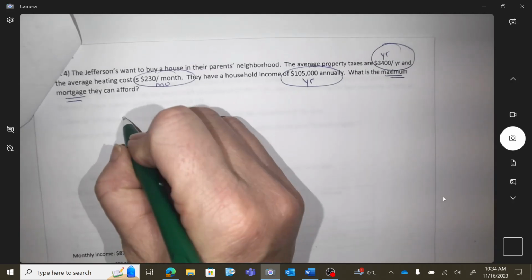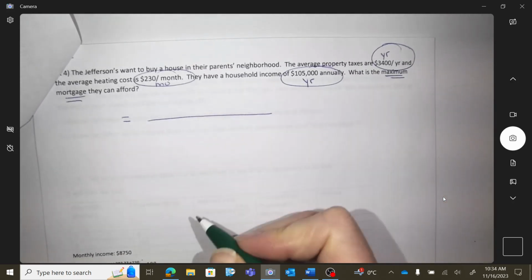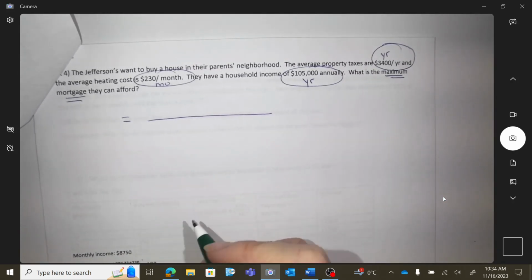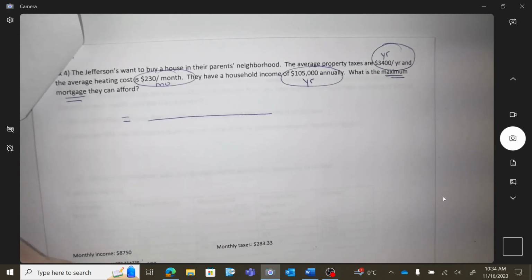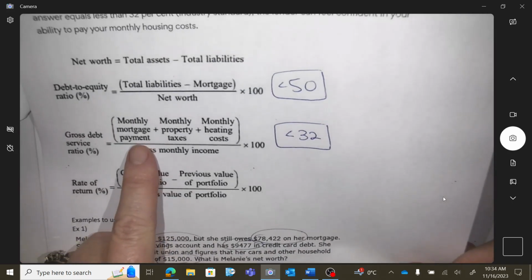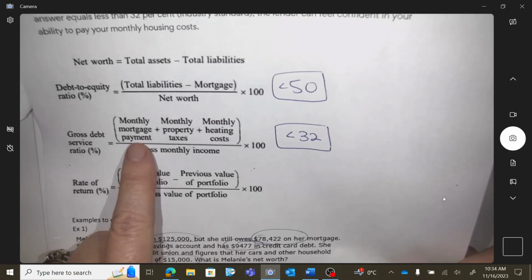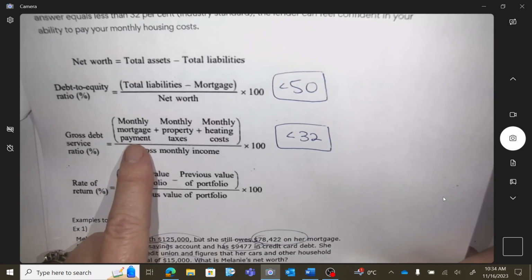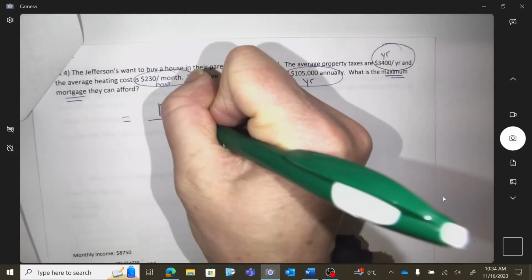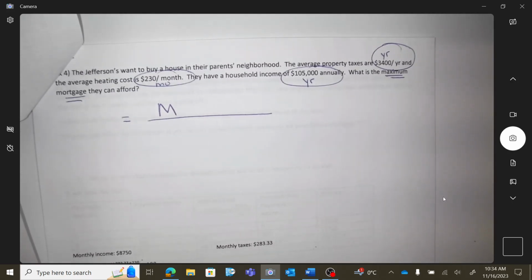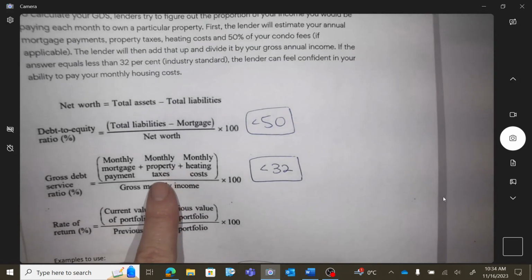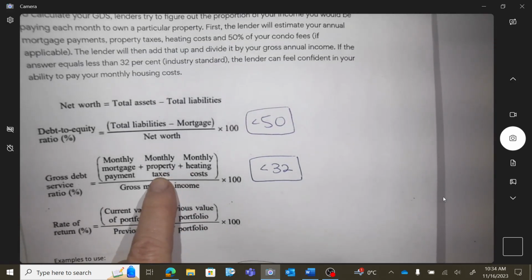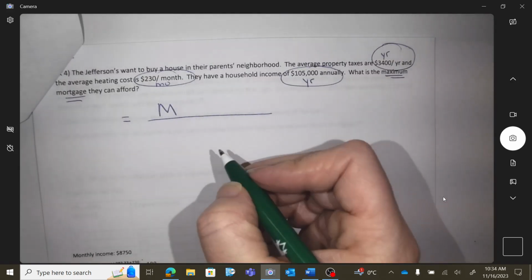Okay, so we're going to start with this formula. So gross debt service ratio. So monthly mortgage payment, that's what we're trying to figure out. We're trying to figure out what kind of mortgage payment could they afford to do each month. Plus the monthly property taxes.